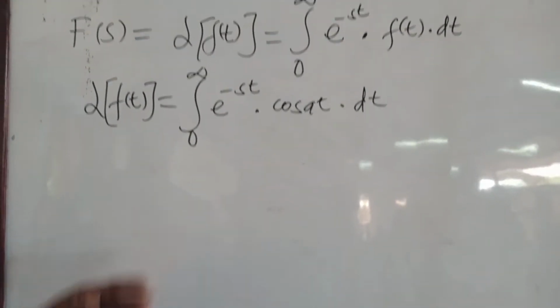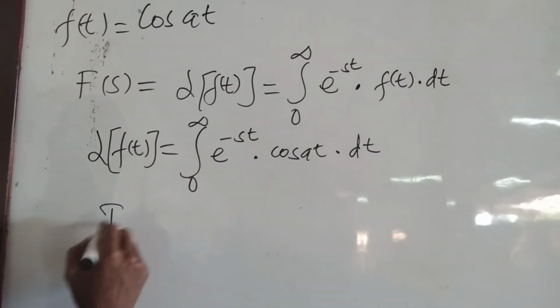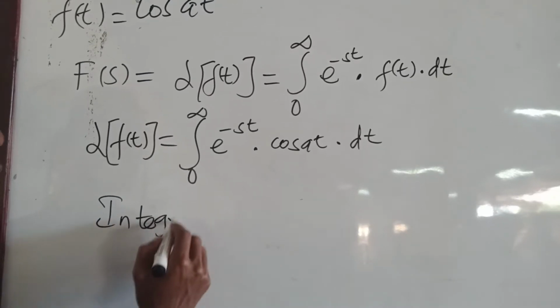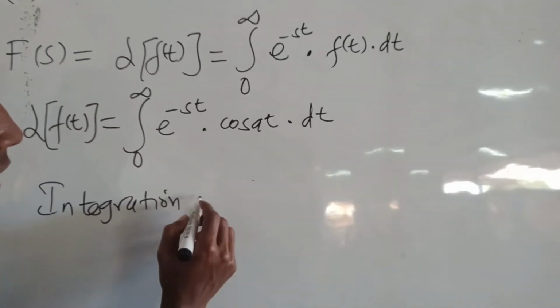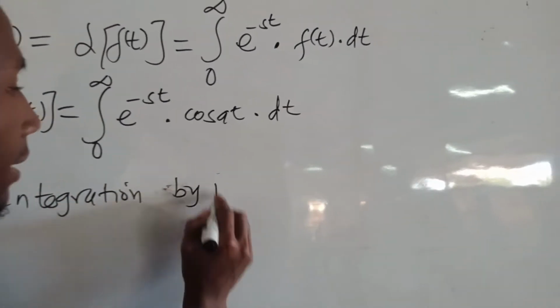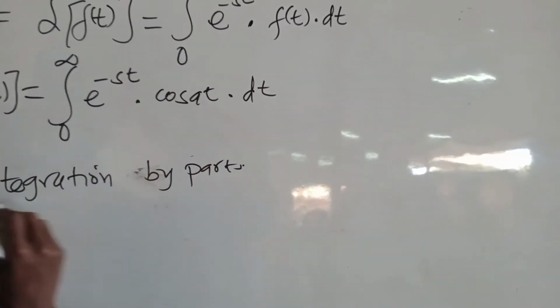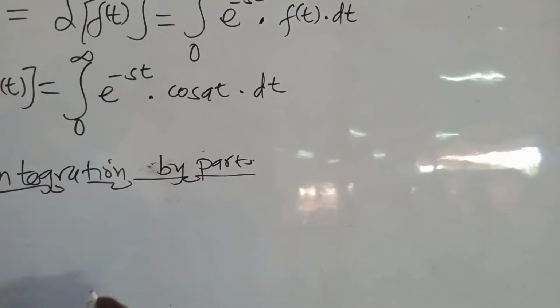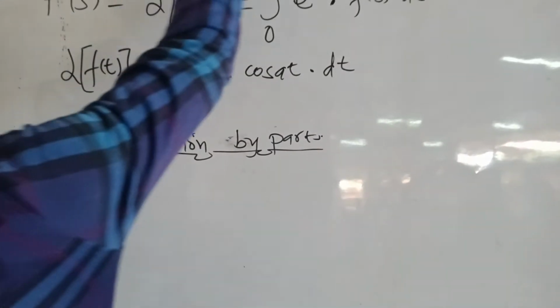So we come back here again. We say integration, the rule of integration by parts. Please don't forget this rule. Integration by parts is a very important rule for the case of the Laplace transform.